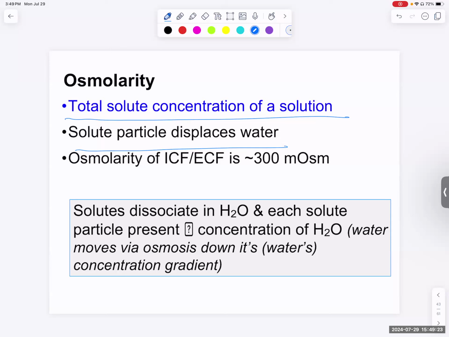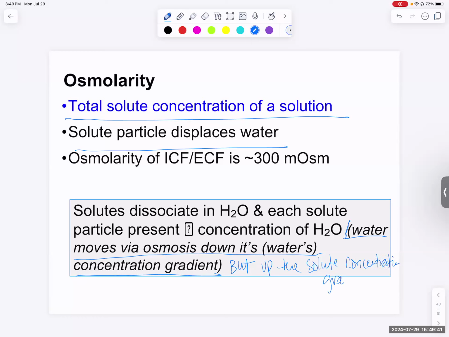And I want you to keep this mantra: water moves via osmosis down the water concentration gradient, but up the solute concentration gradient.